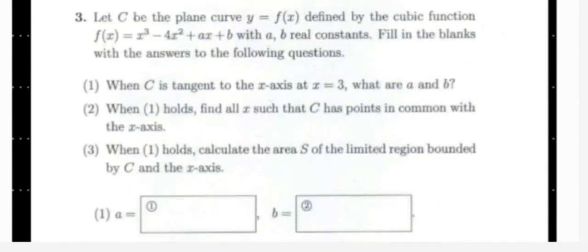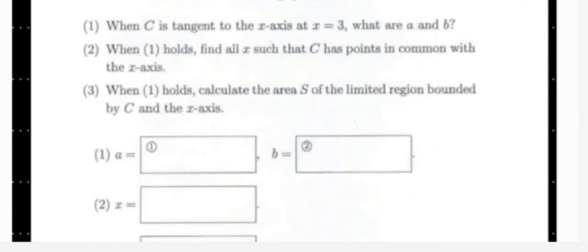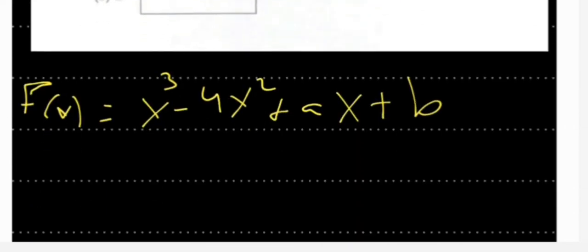Well, look, f of x is equal to x cubed minus 4x squared plus ax plus b, right? And it is tangent when x equals 3.